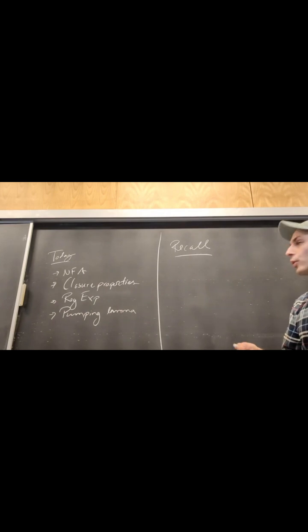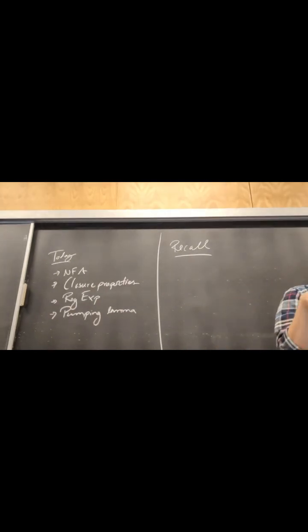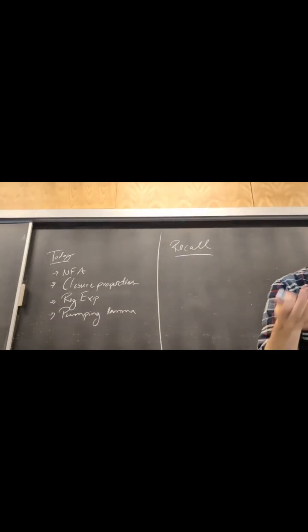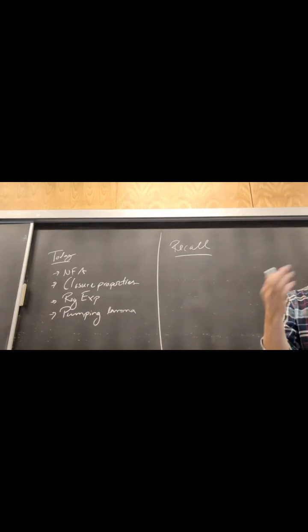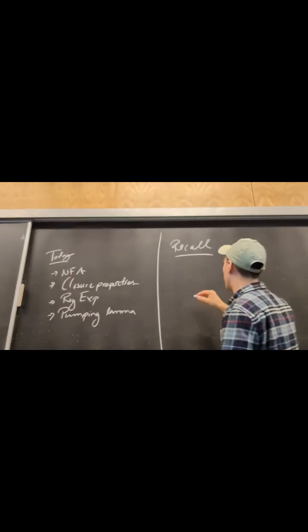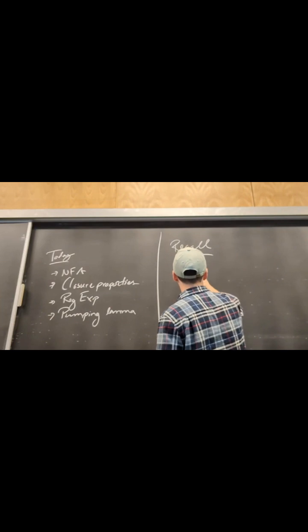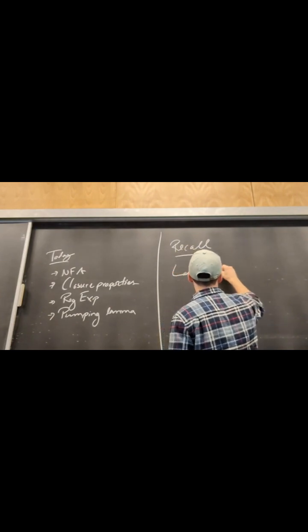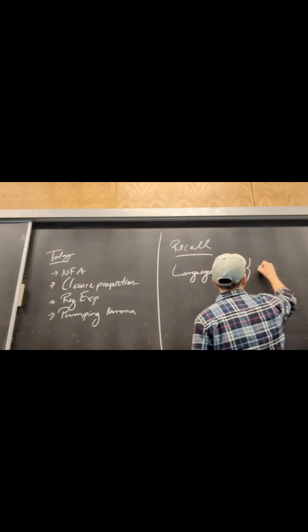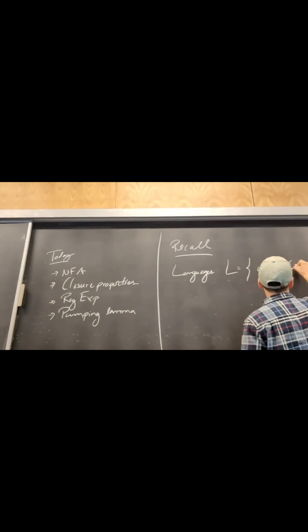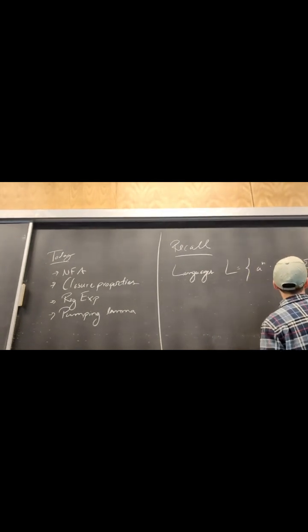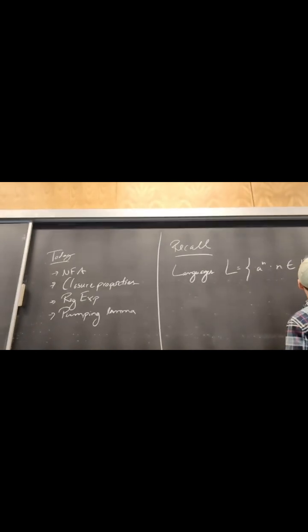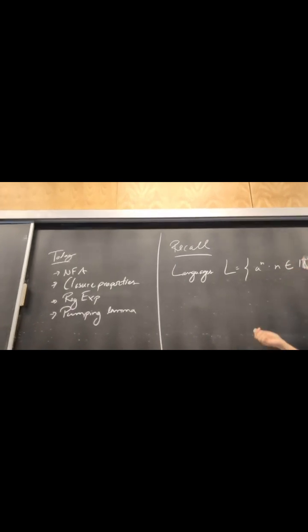The way to map decision problems to a more formal object in mathematics is by mapping them to languages. So we have languages, something like L is n, where n is in the set of natural numbers, and n is even. So this is a language.